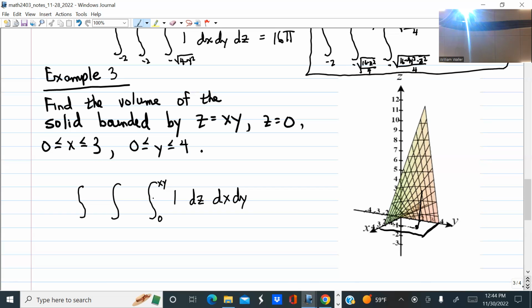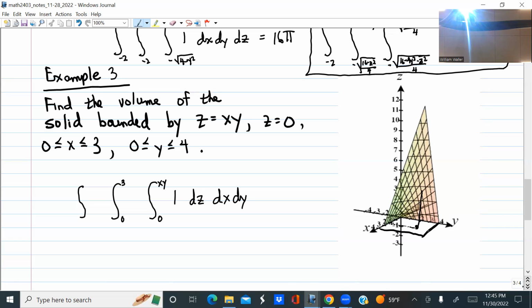Now, for your limits of integration for x and y, you just use the limits of integration that describe the region in the plane. All right, so since we're integrating x first, what are our limits on x in this region? X is running from what? 0 to 3, correct? So just have 0 to 3 here. And what are the limits on y in this region?